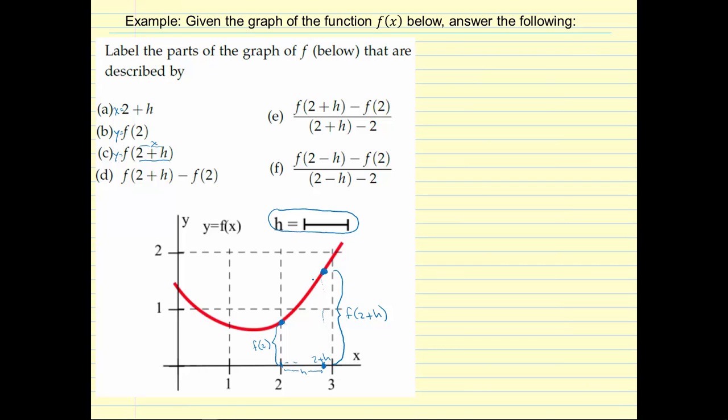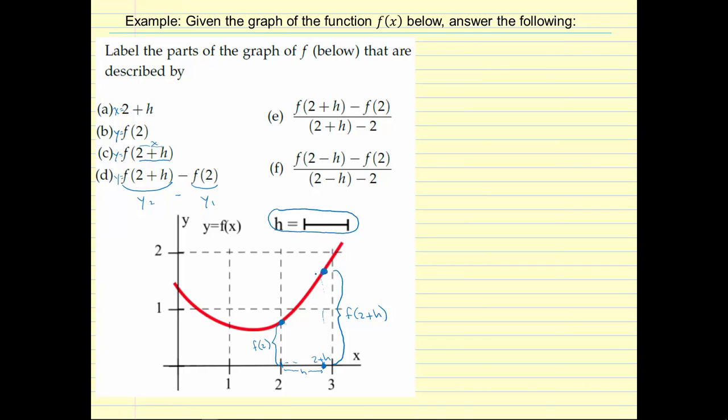So now if we want to find part D, we want to find our y when we take this y, f of 2 plus h, minus, I'll call that part 2, minus this y.